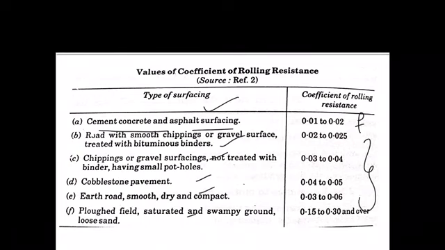For a lower category of road, where the smoothness is lower, the resistance developed will be more. This table value given by IRC is up to a speed of 50 kilometers per hour. Whenever the speed is increased, apply the correction factor using the formula given in the previous slide.